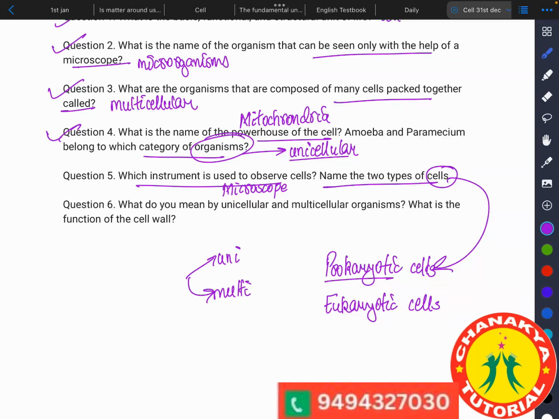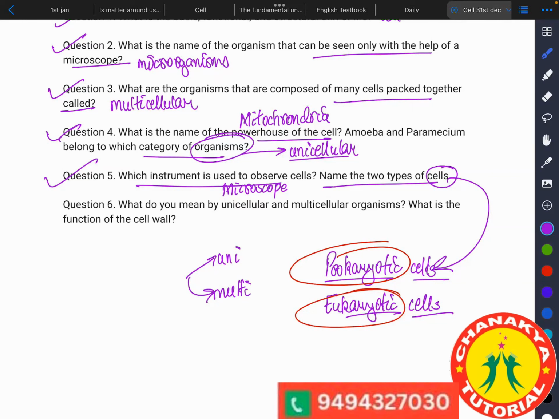So when we talk about the two types of cells, we always say prokaryotic cell and eukaryotic cell, and inside these categories we will describe whether it is an animal cell or plant cell, unicellular or multicellular organism. Okay, very good. Any doubt until now? No, sir.